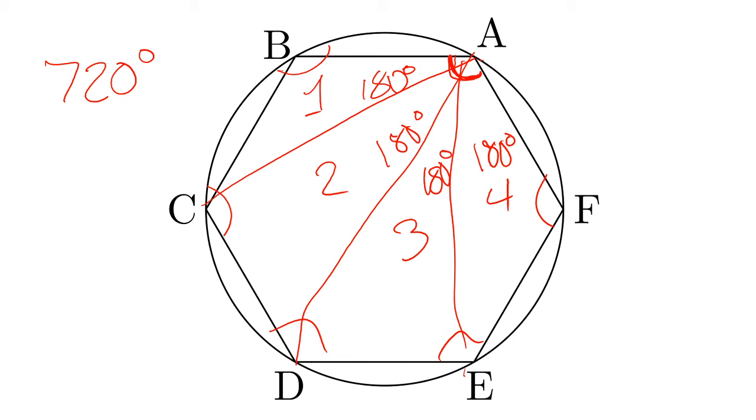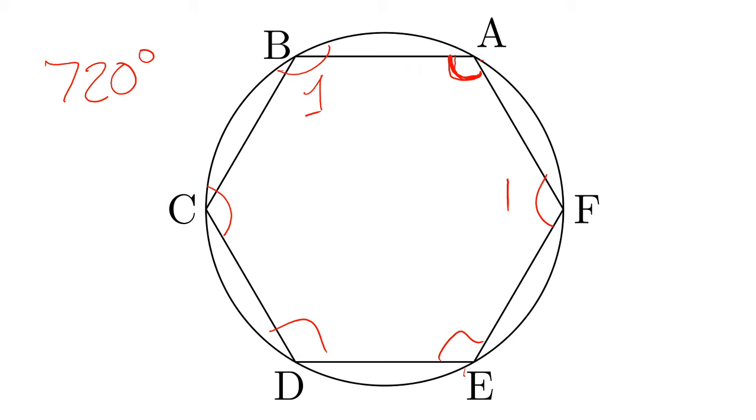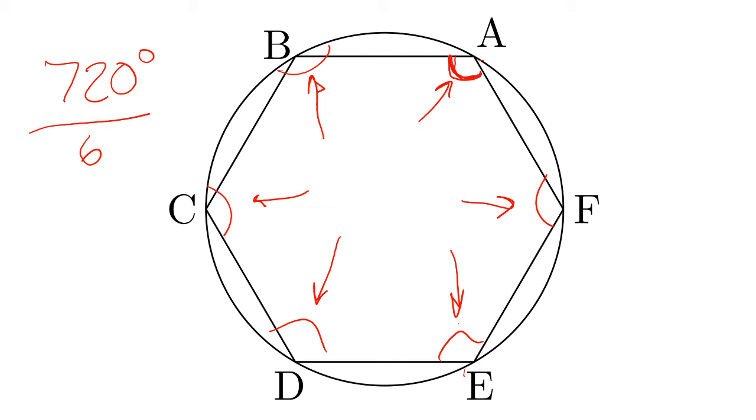That means that they have to be divided evenly. All of those 720 degrees have to be divided up evenly between all of these interior angles. How many of them are there? 1, 2, 3, 4, 5, 6. So let's divide 720 degrees by 6.